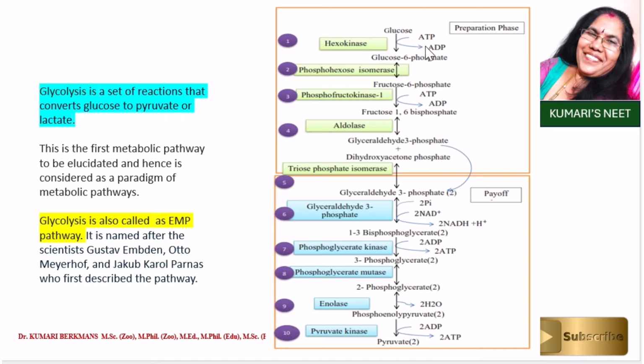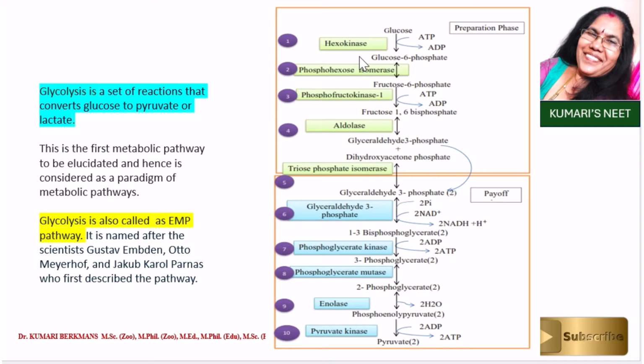What are the 10 different reactions? The first reaction you can see here, this is the glucose. In the first reaction, the glucose is converted into glucose 6-phosphate. Here, ATP is required. So energy is required to convert the glucose into glucose 6-phosphate.